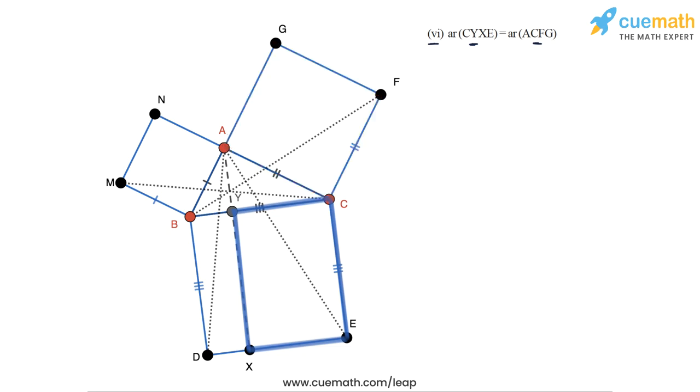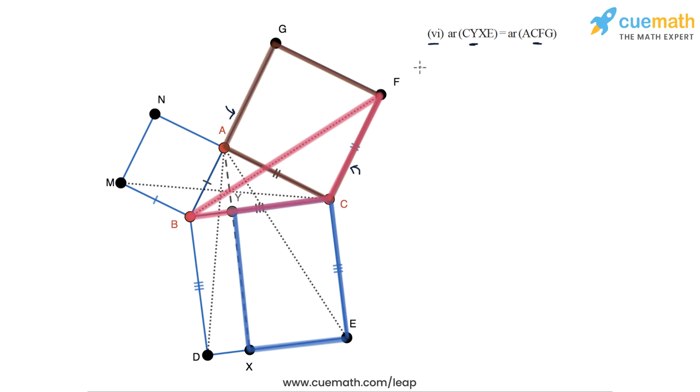In the previous part, we proved that the area of the rectangle CYXE is twice the area of triangle FCB, and also the area of square ACFG will be twice the area of triangle FCB, because this square and the triangle are on the same base FC and between the same parallels FC and GB. So both the rectangle CYXE and the square ACFG have an area equal to twice the area of triangle FCB. Hence, the rectangle and the square will have equal area.